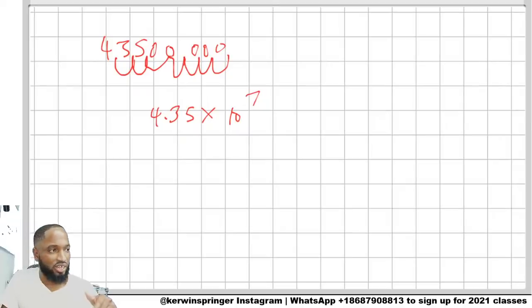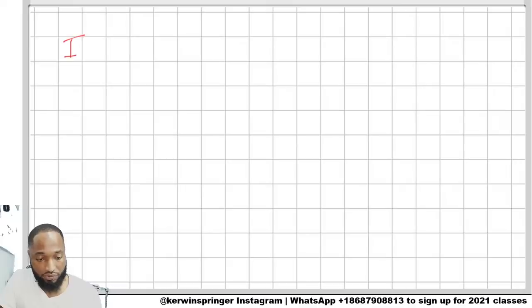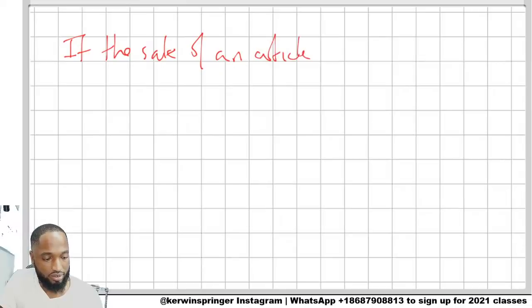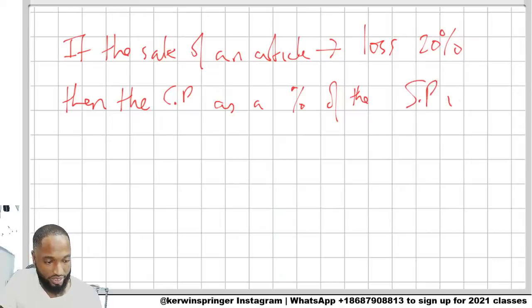If the sale of an article results in a loss of 20% on the cost price, then the cost price as a percentage of the selling price is what? So what it's saying is you bought something.